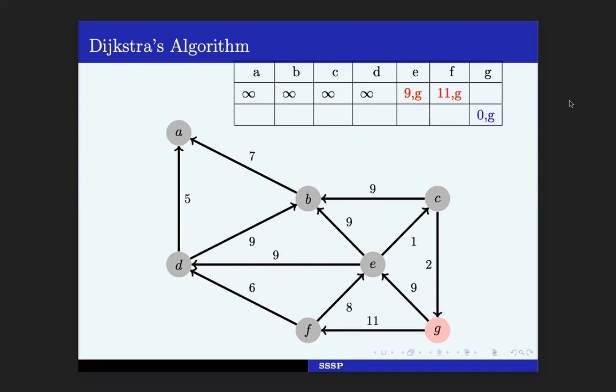These are E and F only. Now, what can we say? This is exactly what Debashree was saying. Out of these two vertices, is it possible that there is a shorter path to F than just 11 length? Is it possible?